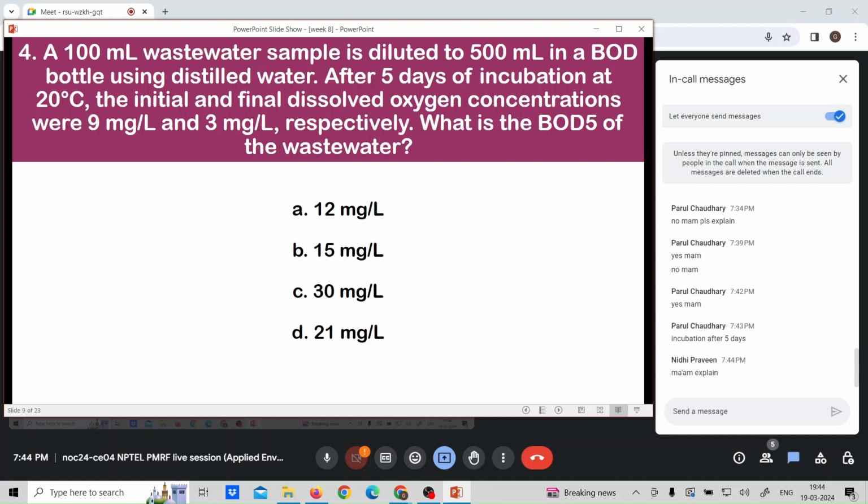Okay, sure. I guess one of you wants me to explain. So I'll explain this. You just solve this problem, give me the answer. After a few of you give the answer, along with the answer, I'll discuss the BOD test and other details.